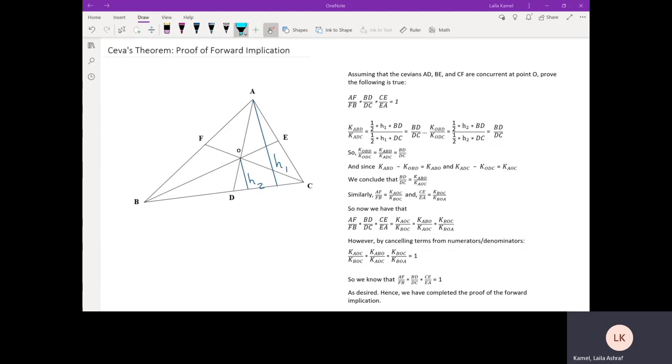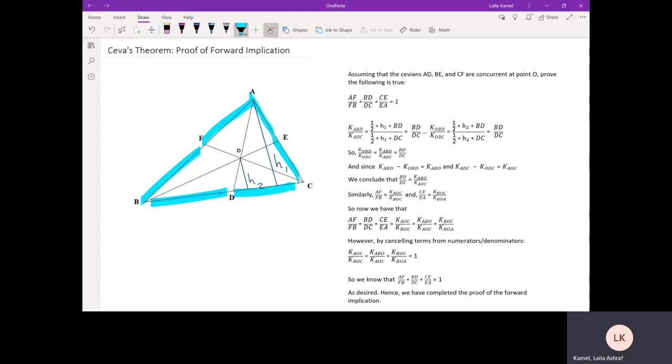The forward implication states that assuming that the Cevians AD, BE, and CF are concurrent at point O, we prove that the following statement is true: AF over FB times BD over DC times CE over EA is equal to 1.